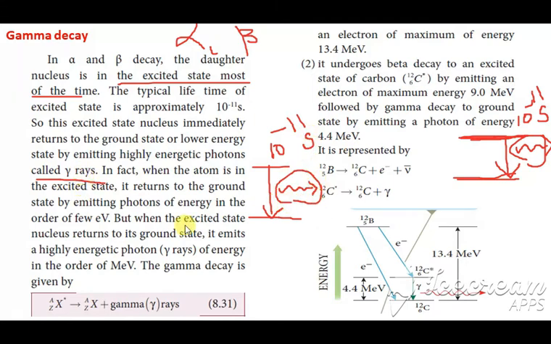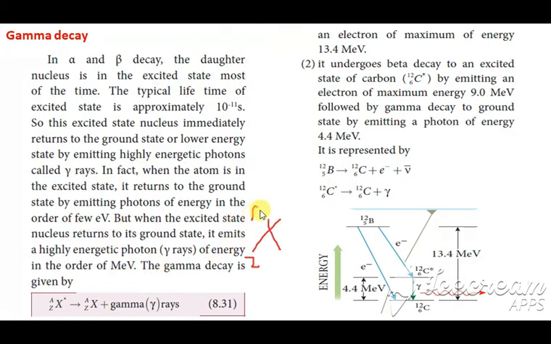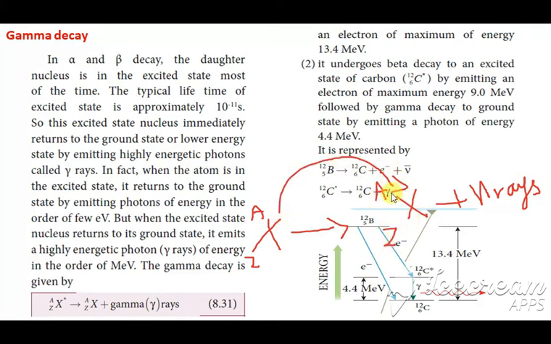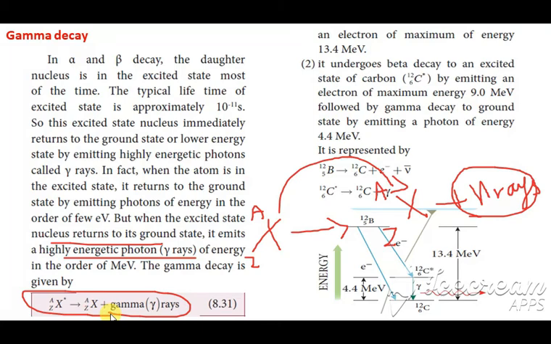When this comes down, it has energy of the order of electron volts. With gamma rays only being emitted, Z and A will have the same values. There will not be any change in the atomic or the mass numbers, only in the energy levels. The energy is given by 13.4.